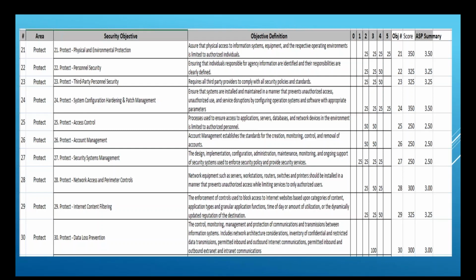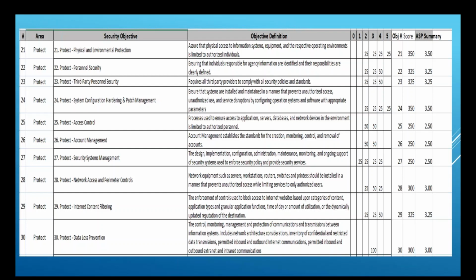Third-party personnel. When we negotiate a contract with a third party and their personnel, we should also be negotiating that they have the same policies for background checks.